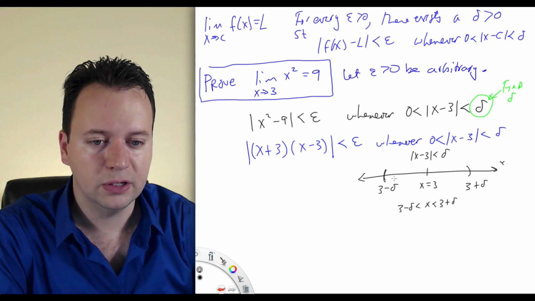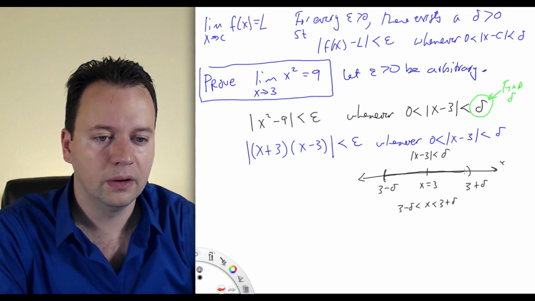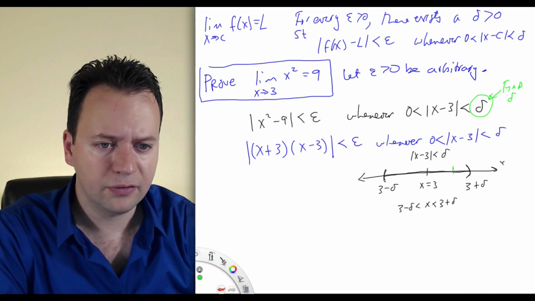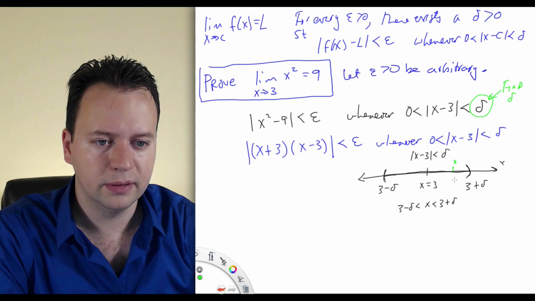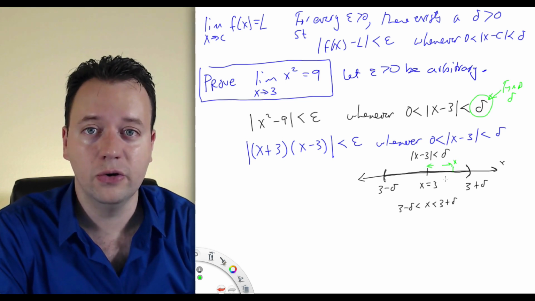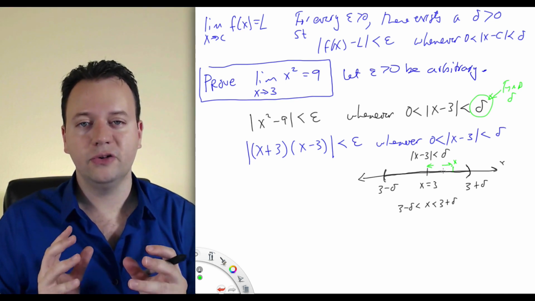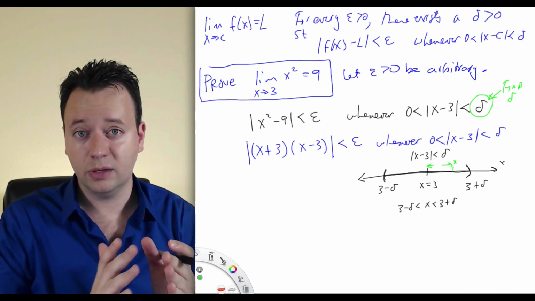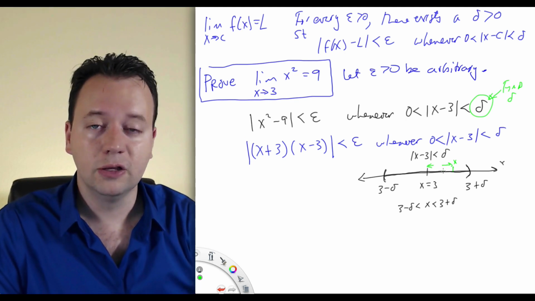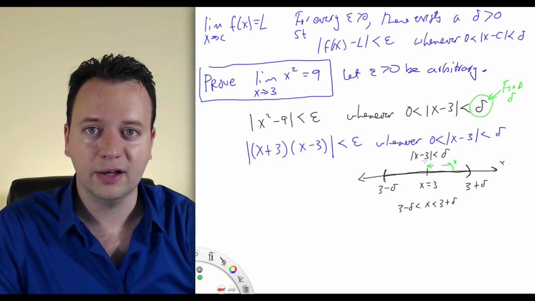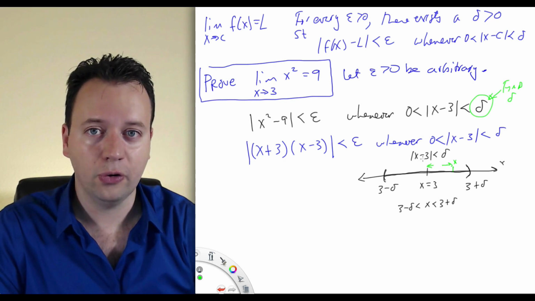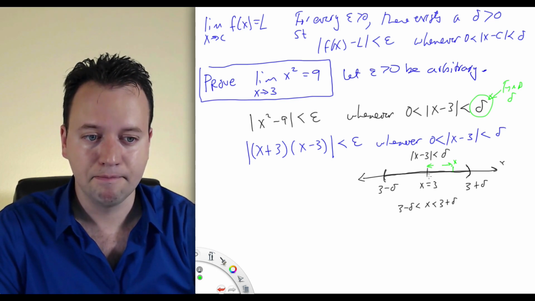In other words, it's equivalent to saying that you're somewhere in this open interval. And the reason is if you think of an arbitrary x position, say it's right here, this distance is simply the absolute value of x minus 3. So the absolute value of x minus 3 tells you the distance between the point x and the point x is equal to 3. So by saying that the absolute value of x minus 3 is less than delta, is saying that x is no further away from the point 3 than delta.